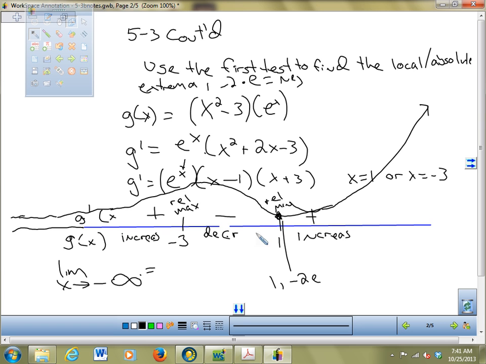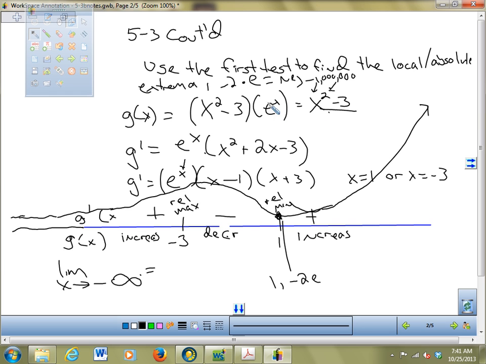How did you know it had an asymptote? The way you find asymptotes is the limit as x goes to infinity and negative infinity. So if I plug in infinity, there's a horizontal asymptote, because I could write this as x squared minus 3 over e to the x. If I plug in a very big negative number, like negative 1 million, it's still going to be negative 1 million squared.